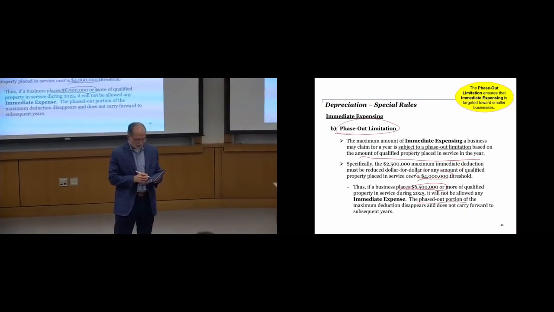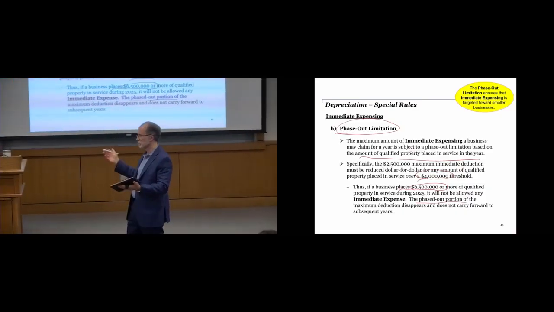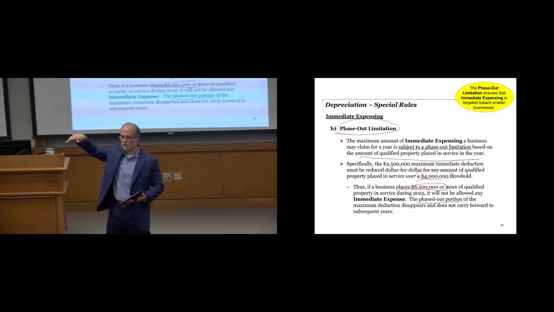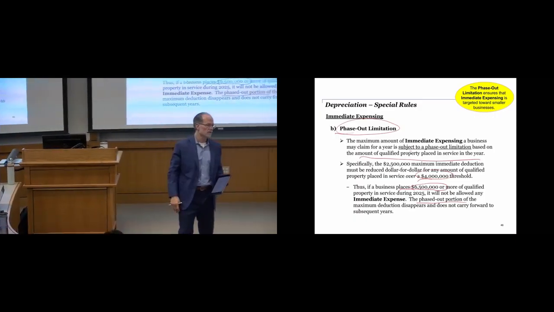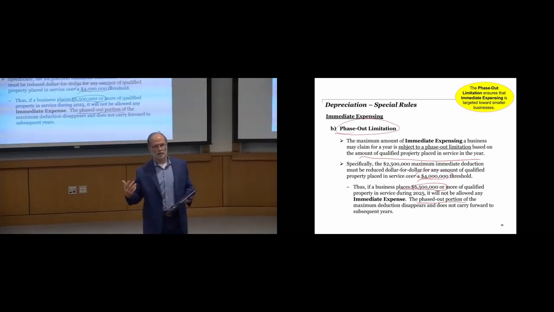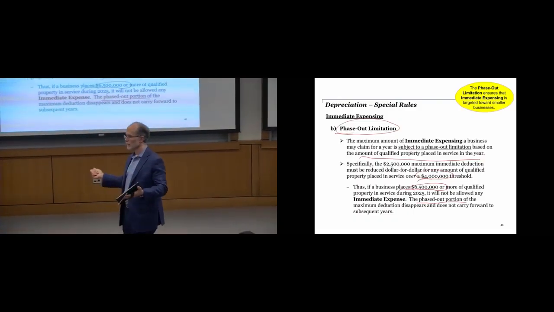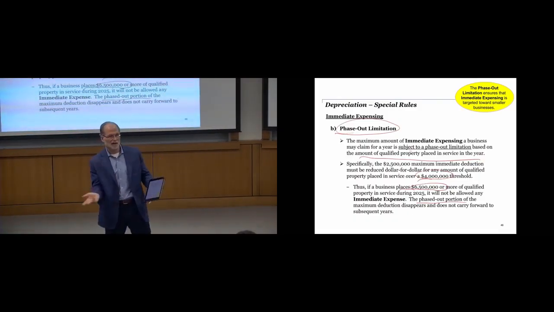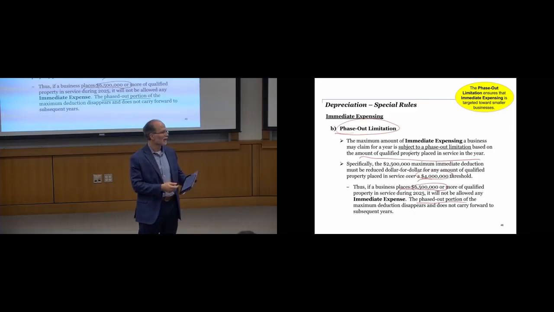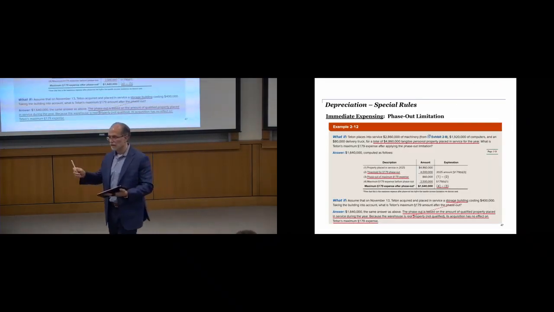And any phased out portion of the maximum deduction at 2.5 disappears. There's no carryover to future years, you just don't qualify. So you can imagine when the large companies see immediate expensing, they're like, well, that sounds great, but that doesn't help me at all because I go through that in the first week of January. So I don't qualify for that. And we'll talk a little bit about what they get.